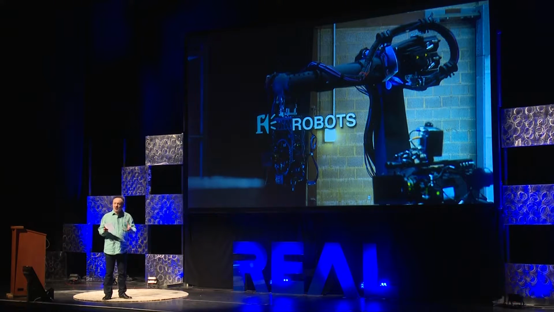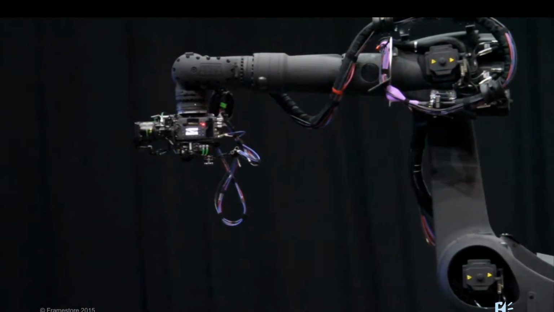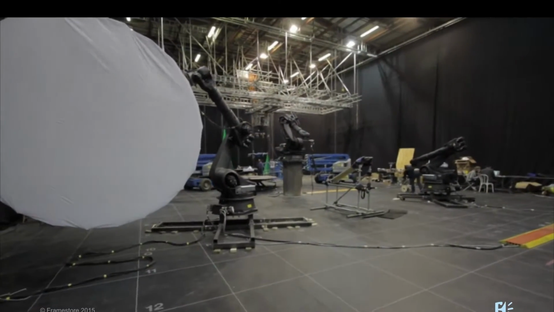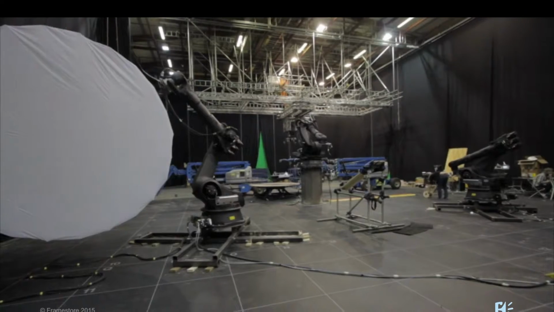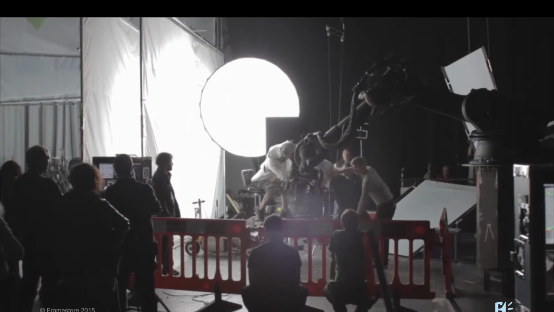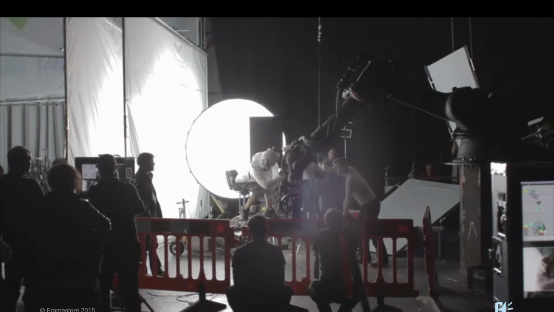It gave us the chance to move the camera in ways that would otherwise be unachievable, but we worked with them to push their technology further. We put the camera on a track. We added a traditional camera head onto the end of it for some shots. And we developed new control mechanisms so that we could adapt to the actors' performances. We also used these robots to move the lights around, as you can see here.